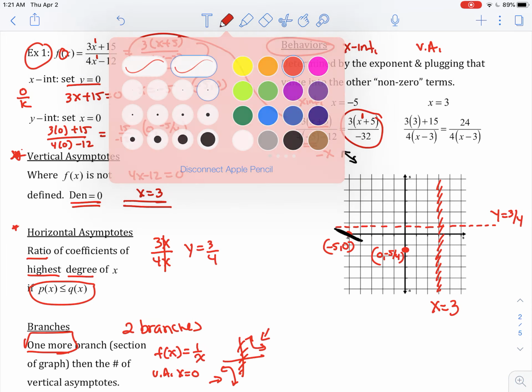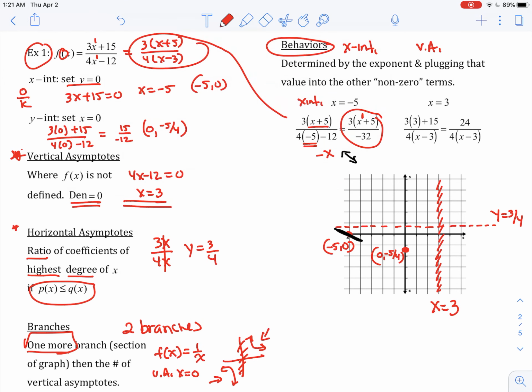We are additionally going to look at the behavior as we approach this vertical asymptote of x equal to 3. We're going to take that value of 3 and plug it into any x other than where it came from, those non-zero terms.